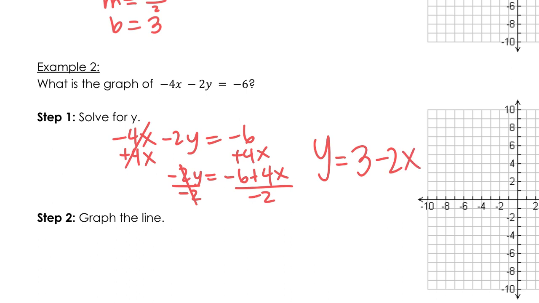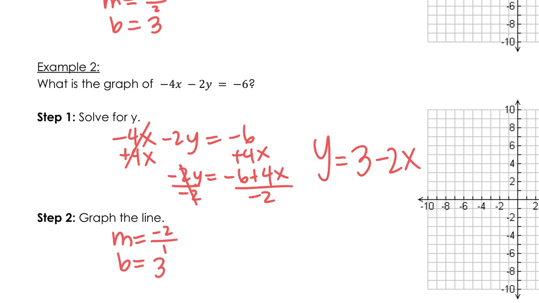So now that we have that, we can identify our slope and our y-intercept, m and b. In this case, our m is right in front of that x. And we've talked about a lot, we like our slope to be a fraction. Since this is not a fraction, we know that it is divided by a +1. All right, then our b is that number all by itself, which is +3.